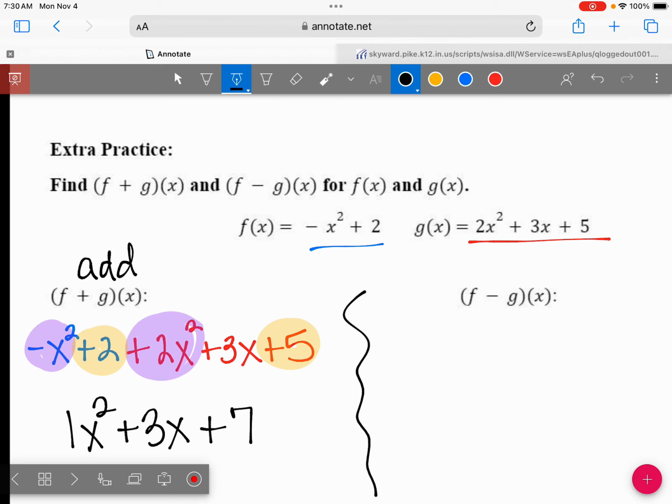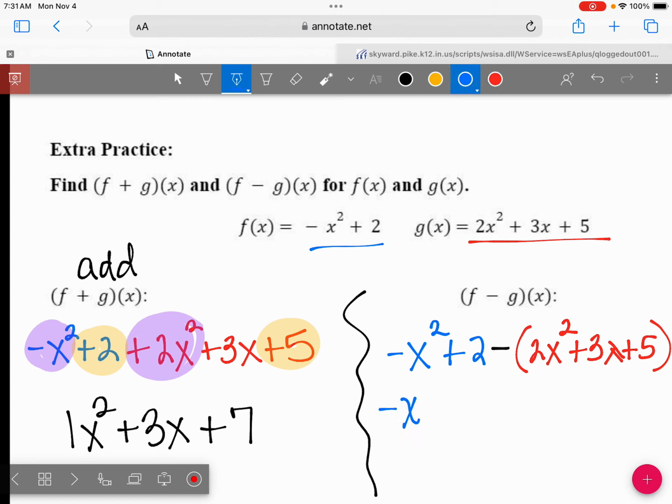Now for subtraction, that's where we need to distribute. Okay, so we're going to distribute that.